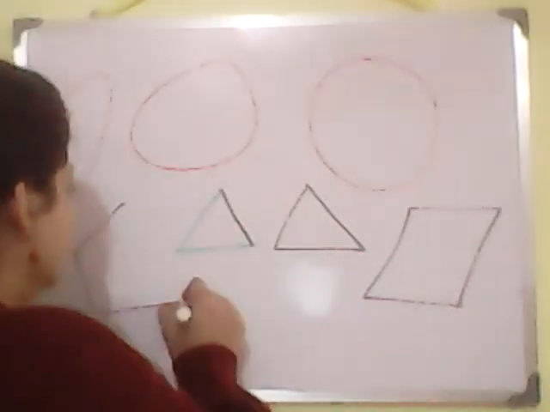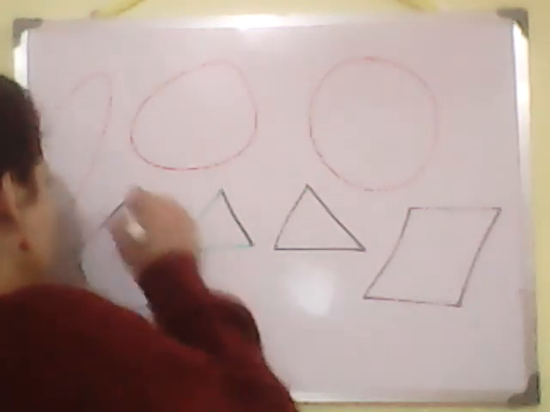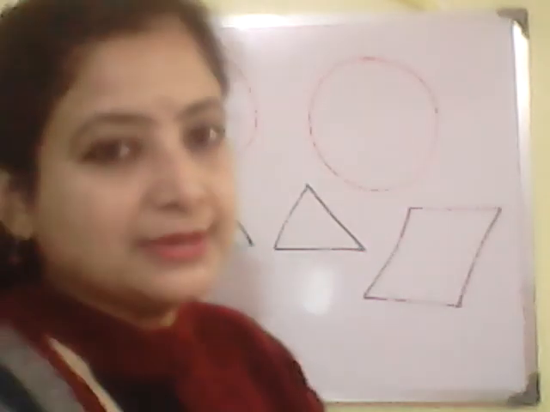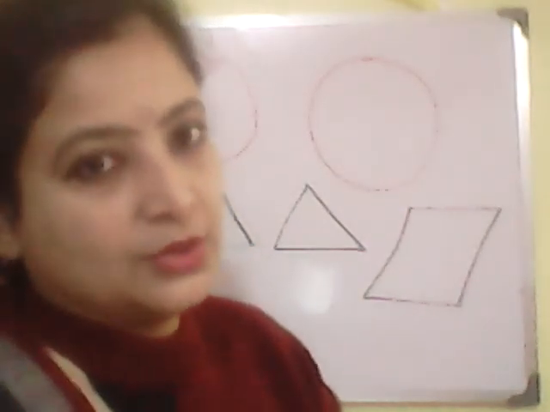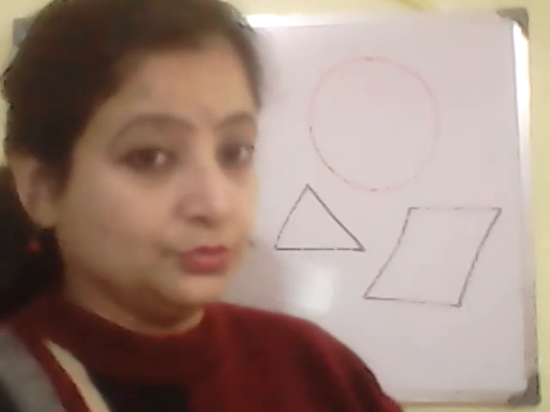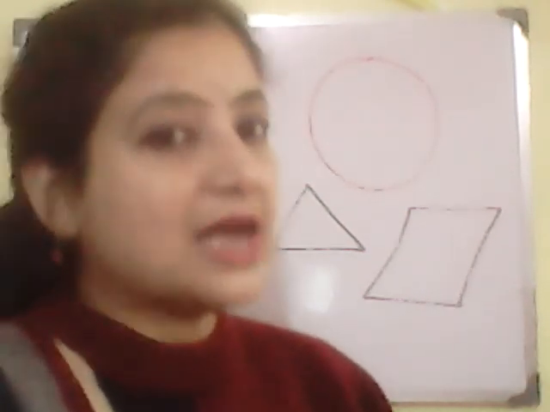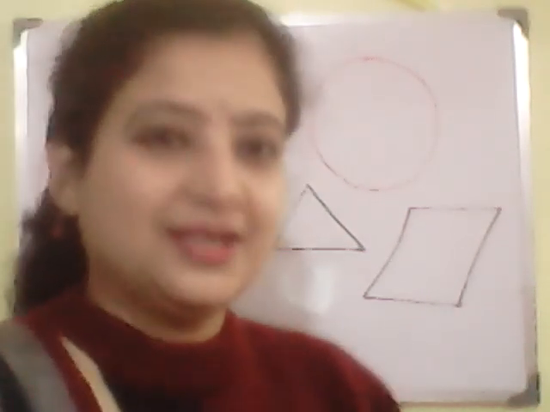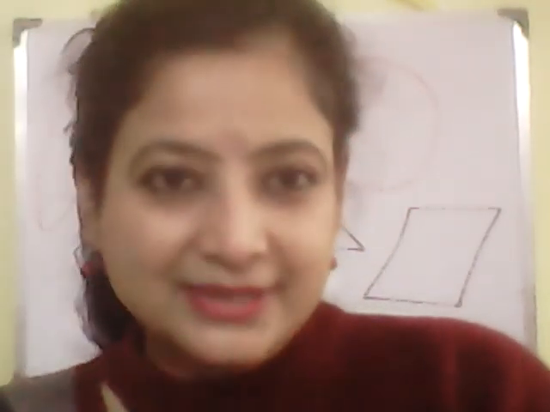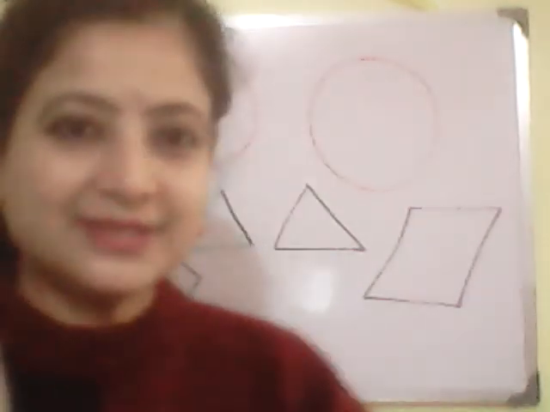Pentagon, this is bounded. Hexagon, bounded. In fact, all of the polygons are bounded. A triangle is also a polygon, because poly means more than 2. So polygons are bounded. Once again, we will come back with polygons and different types of polygons.